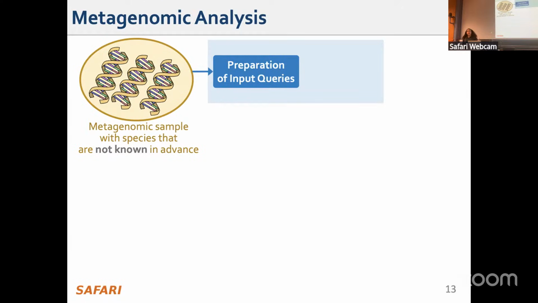So I'm going to abstract it away. Of course, there might be differences, but this is some high level way to look at it. First is the preparation of input queries. So we would extract some smaller sequences of length k, which are called k-mers, out of these input sequences, so that now with these smaller chunks, we can start searching them.